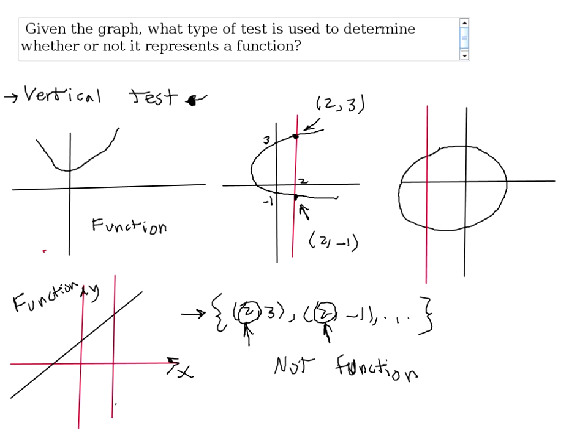So if we pass the horizontal test for any function, then we can establish that it is a one-to-one function. So this linear equation here, not only is a function, it is also a one-to-one function, because it's also going to pass the horizontal test. If I draw a horizontal line, it's going to intercept that at one point and one point only.